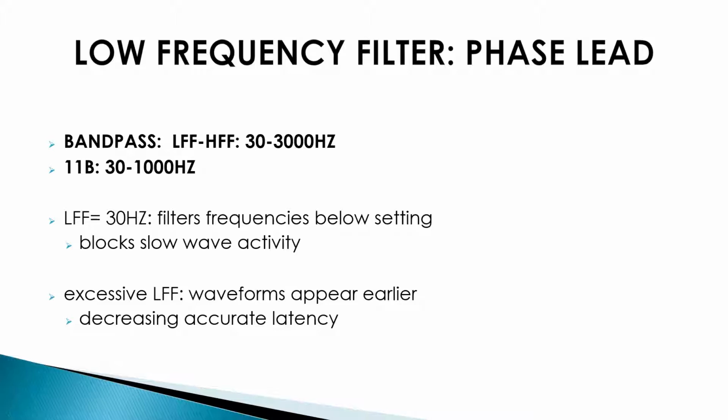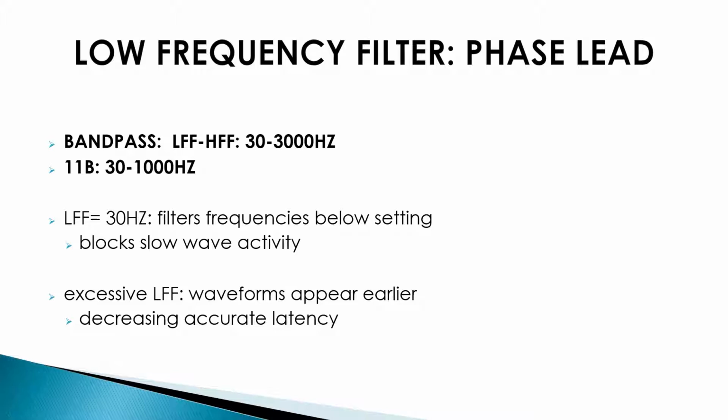Guideline 11B says we should use a low frequency filter of 30 Hz and a high frequency filter of around 1000 Hz. The low frequency filter at 30 Hz filters frequencies below 30 Hz. In essence, it blocks slow wave activity.